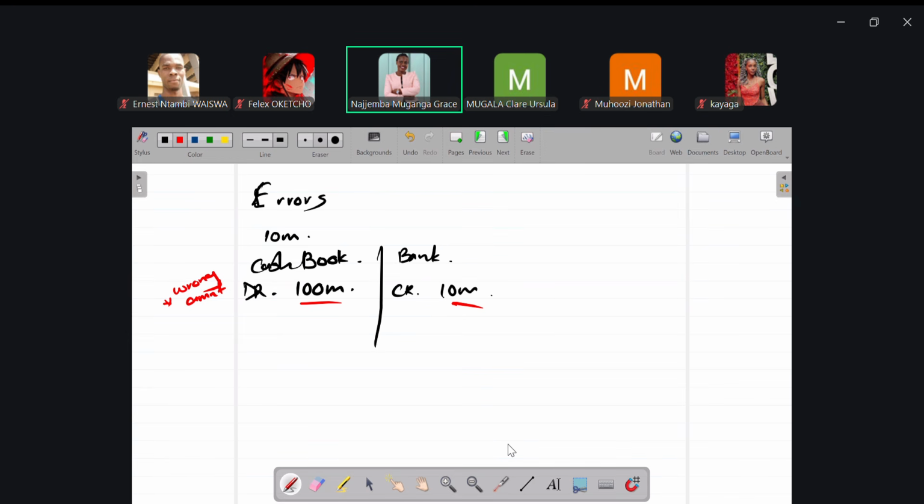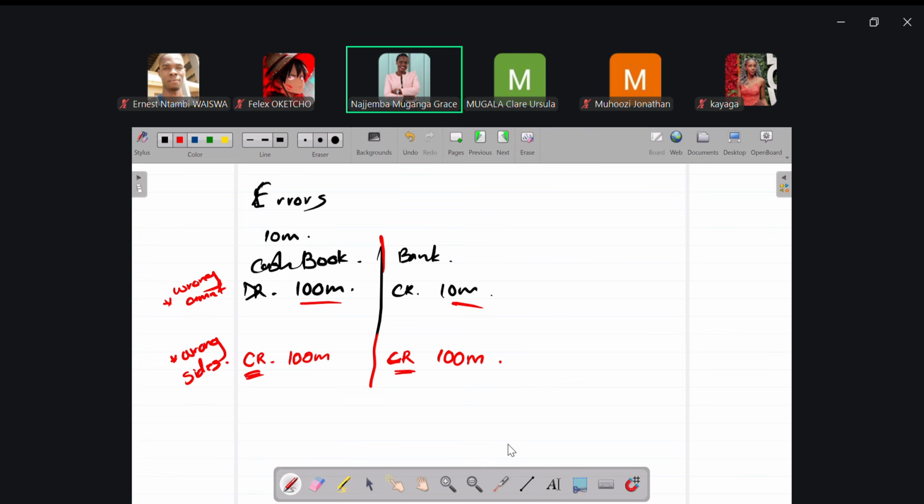The other one could be where you post on the wrong side. You receive 10 million in the cash book, you credit 100 million, the right amount, but wrong side. Then the bank says, this person is receiving, they credit 100 million.